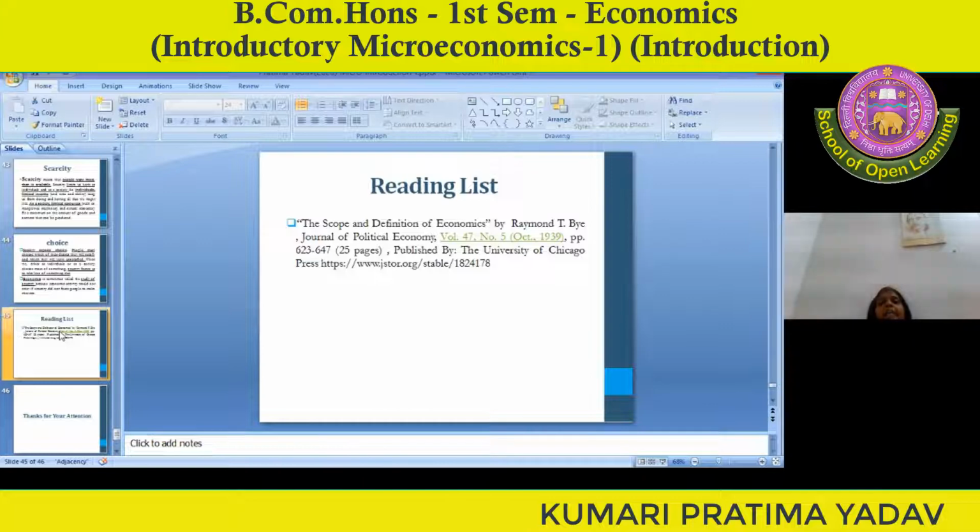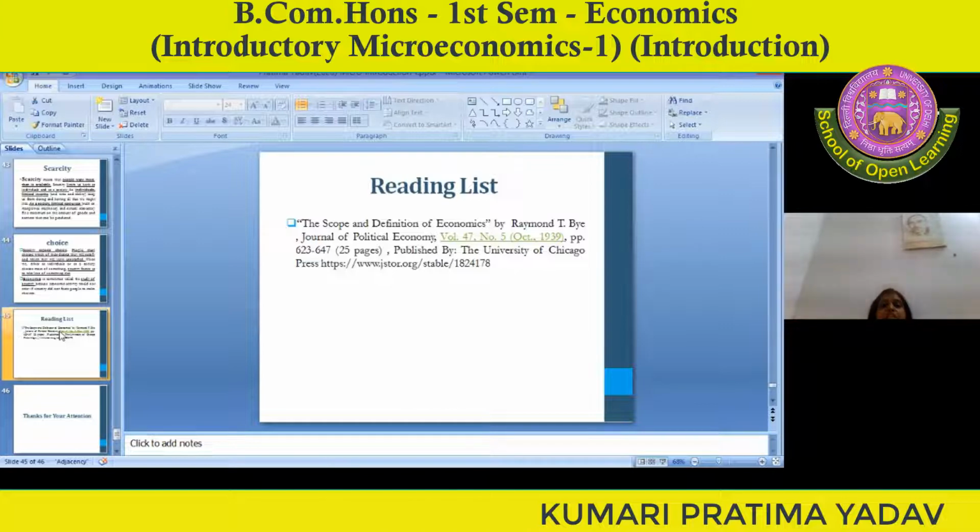I have given one reading list. If somebody is very interested in what to read for the scope and definition of economics, read an article by Lionel Robbins. The article name is The Scope and Definition of Economics.